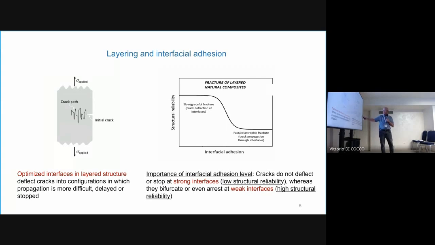And so usually a crack that propagates into an interface like that doesn't see the interface, just goes straight, and the material is brittle. On the other hand, when the interfacial adhesion is low, then reliability is high. Why? Because here usually there are all kinds of bifurcations, sometimes called in the literature graceful fracture, and that involves crack deflection, and so there is higher reliability.